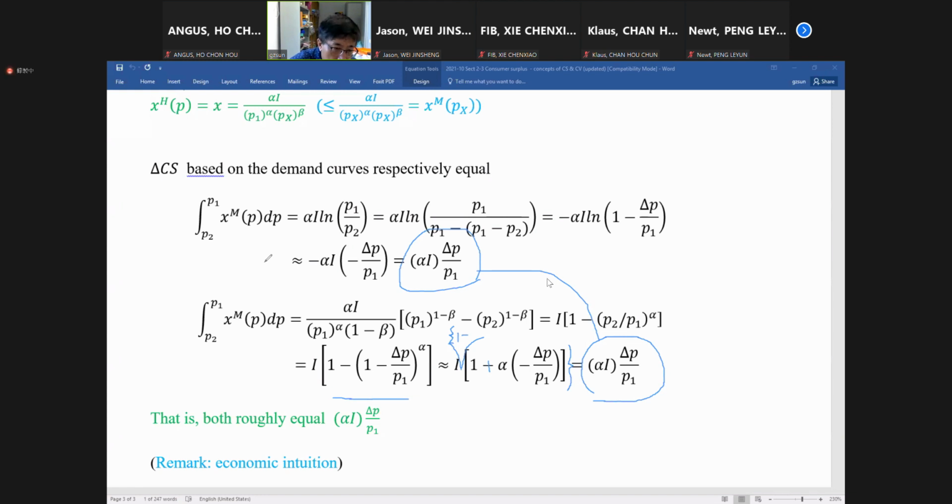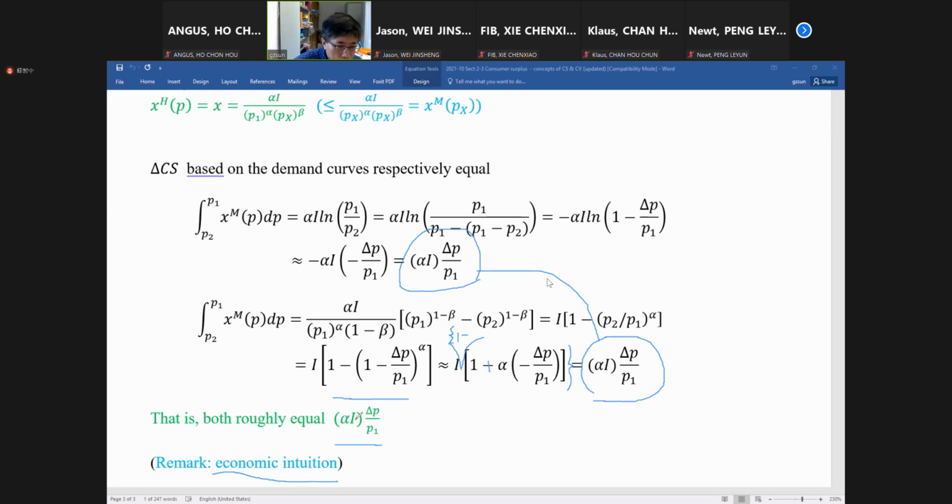Roughly, if the price change is not very big. A good economist, a senior scholar, can probably immediately tell you the answer. If after a lot of calculation your result is different from this one, likely you are wrong. The economist is correct.